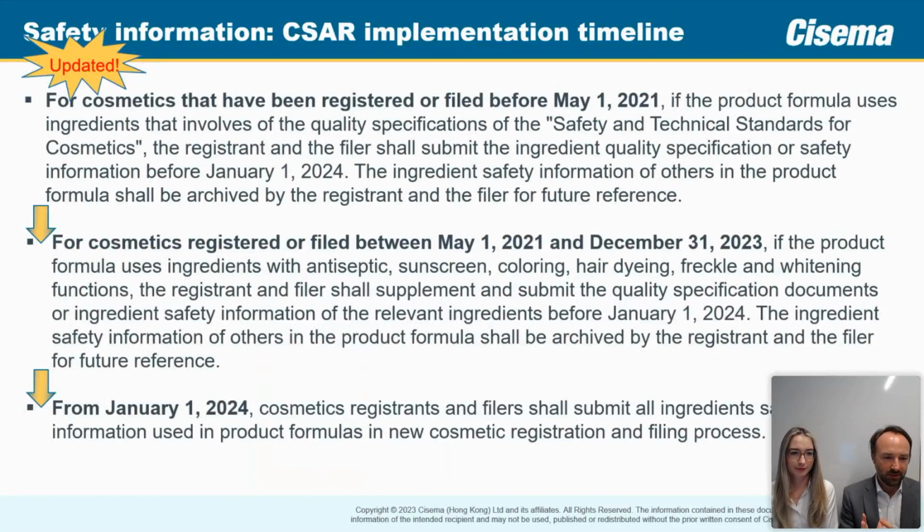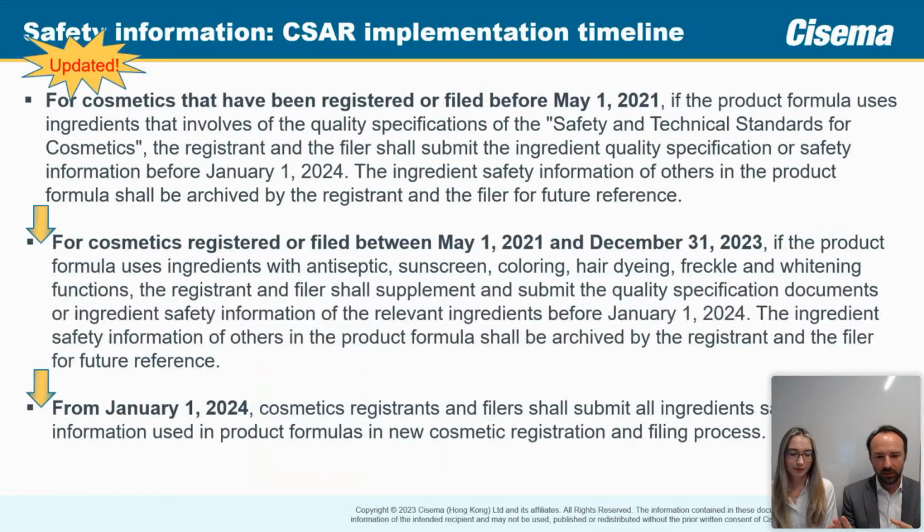The ingredient safety information of other ingredients in the formula then needs to be retained by the registrant and filer for future reference. So it doesn't necessarily need to be submitted in the same way as was previously required, and it reduces the burden on cosmetics product manufacturers as well as the cosmetics ingredient suppliers.